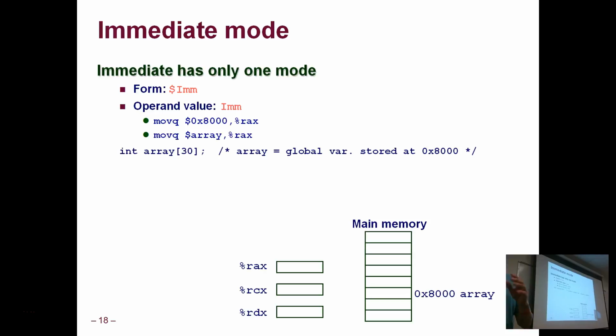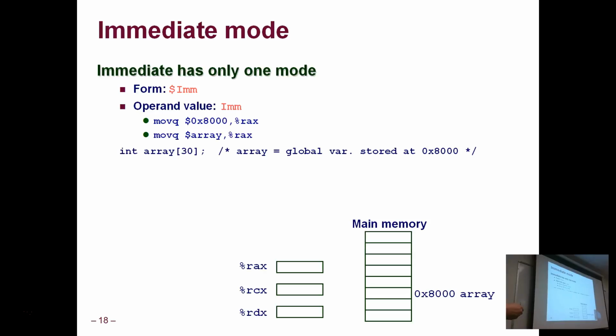So I'm going to go through examples of each of these modes and show you in the processor how these modes work. The first one is your immediate value. If you have this assembly instruction, move $hex8000 into RAX, you could also have this thing, move quad $array into RAX.